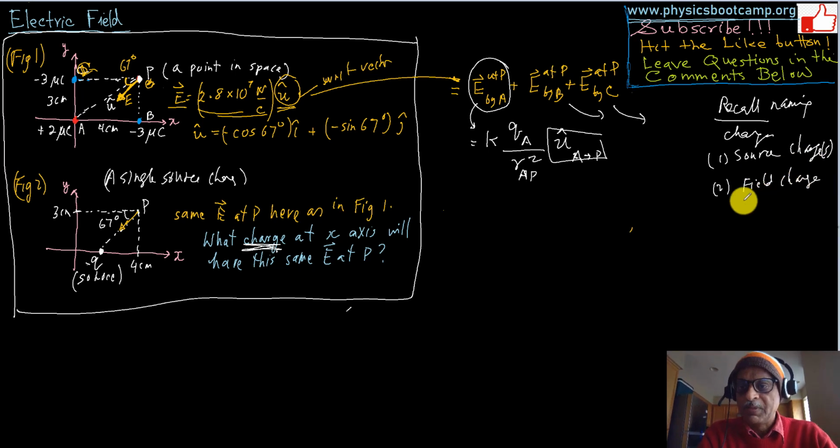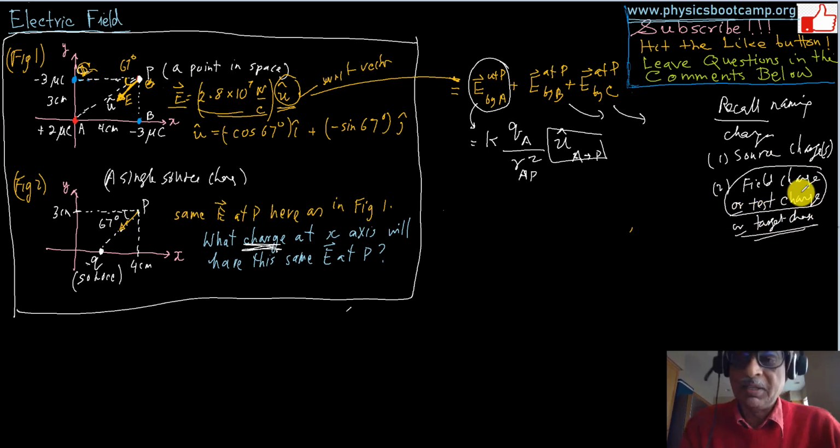A field charge is also called, in textbooks, a test charge, or you might call it a target charge. These are the common names, and if you want to call it some other name, that's fine.